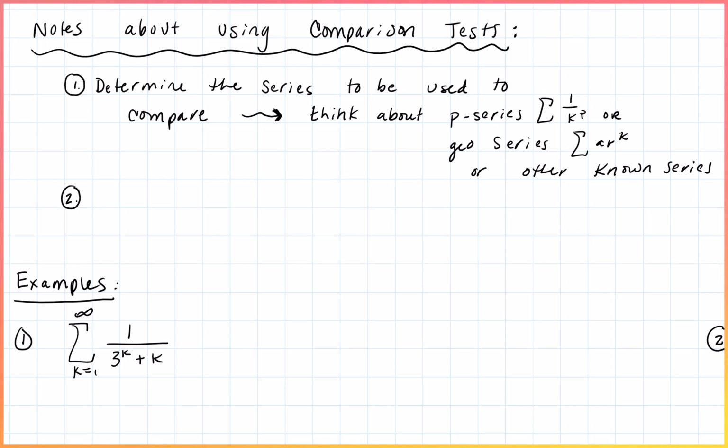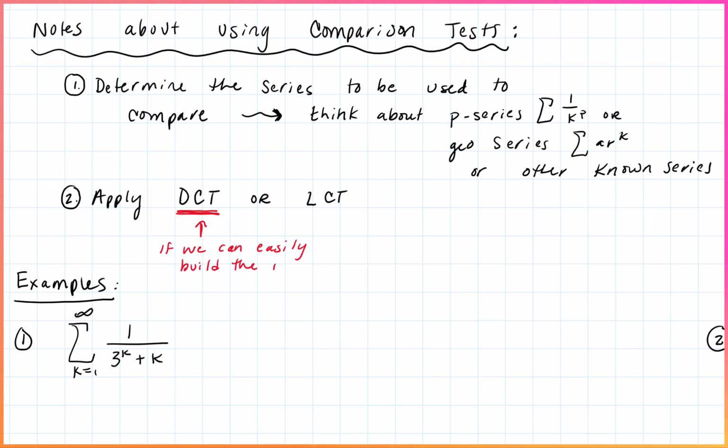The second thing we do is apply the direct comparison test, or what is called the limit comparison test. To use the direct comparison test, which is what we're going to do in this video, we use it if we can easily build the inequality.